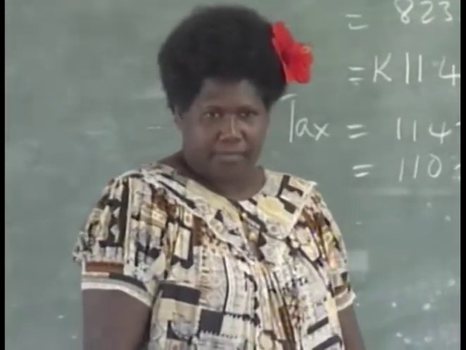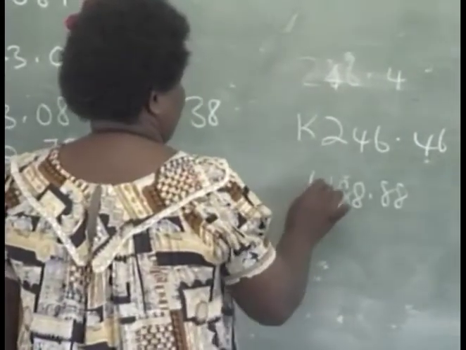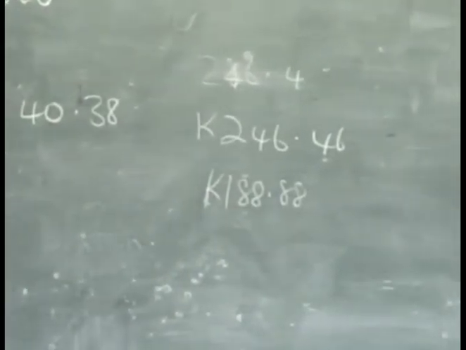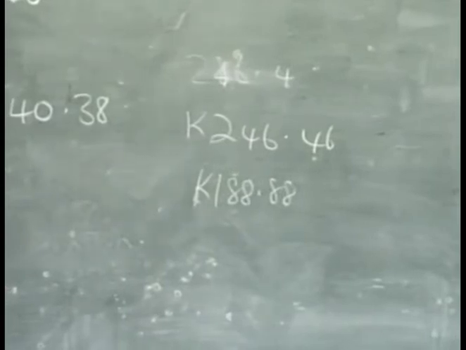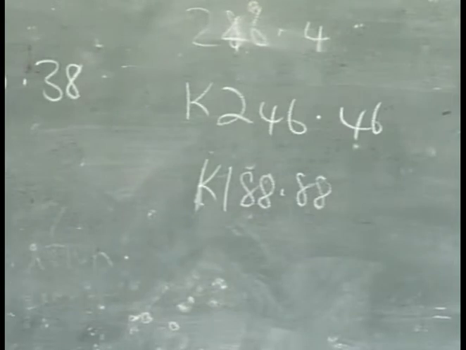Vui, this group disagrees. What? 188 kina 88 toya. Which one is correct? Second one? Have you found the mistake? Okay, good. How much is his net pay?